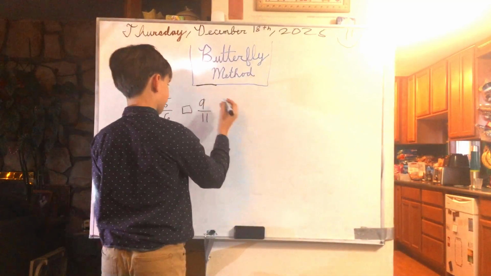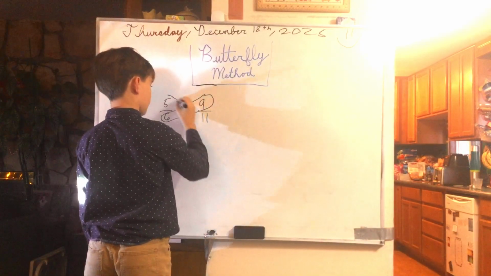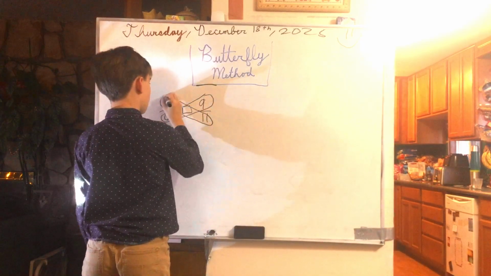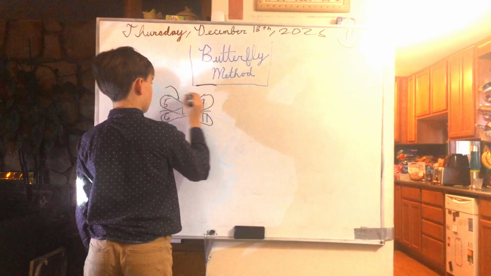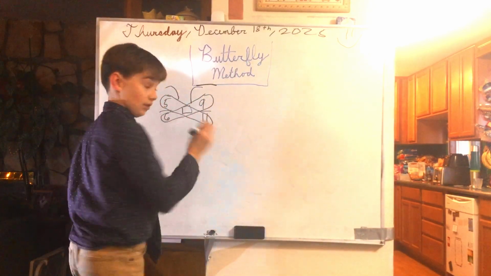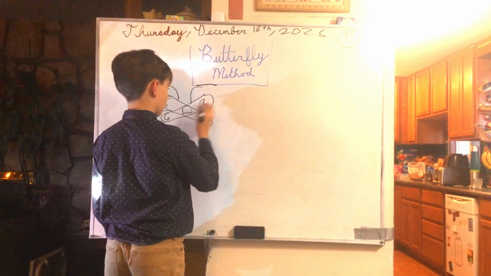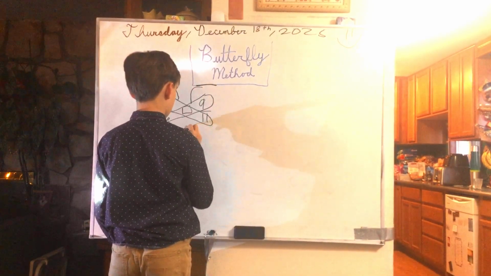it's kind of weird, but you use butterfly wings to wrap around the numbers, and then you would use the antennas. If you're wondering what the antennas are used for, you see they're on either line, so we're going to multiply these two. Multiply either one of these.